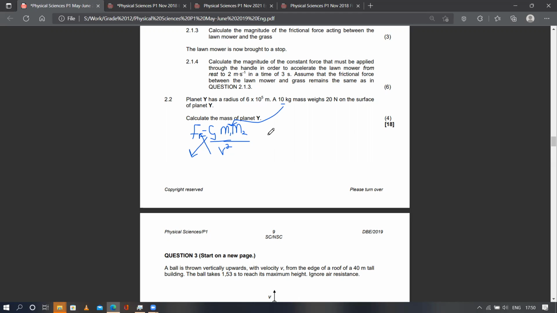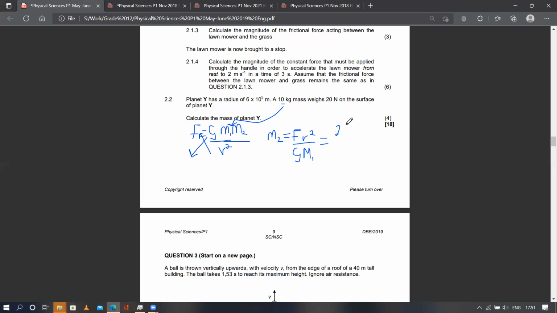Then you're going to have M2 is equal to your force times the radius squared, divided by G M1. Now, after you have this, it's just simple. You just substitute from there on.